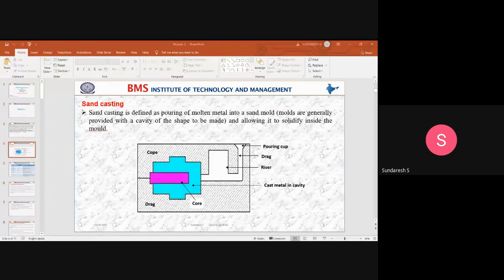Now, if someone comes, your friends who are studying third semester mechanical engineering, and asks you to explain what is sand casting, briefly, I don't want elaboration, how do you explain sand casting? No idea. How do you forget the casting method?